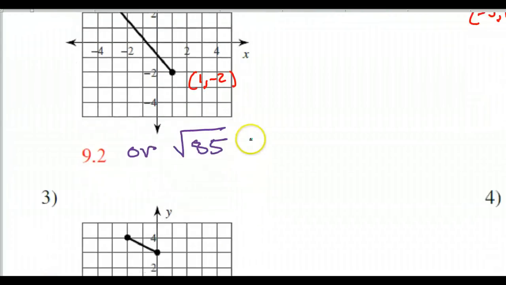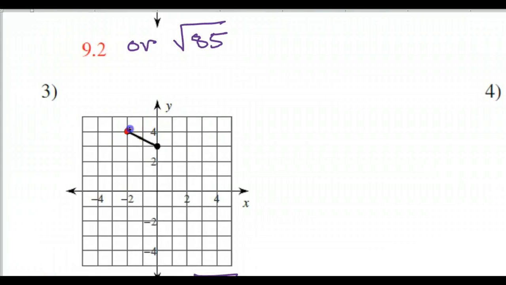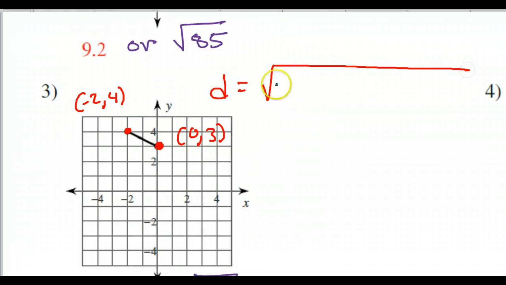Number 3. -2, 4 is 1 point. The other point is 0, 3. So the distance will be x minus x squared, so -2 minus 0 squared plus 4 minus 3 squared.